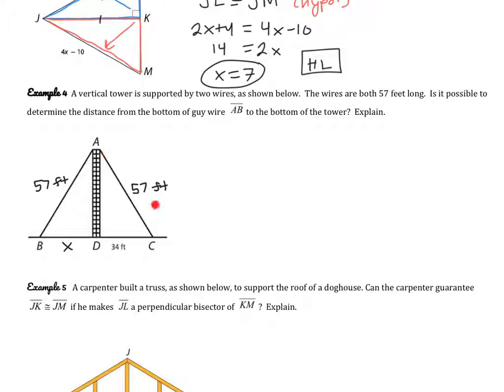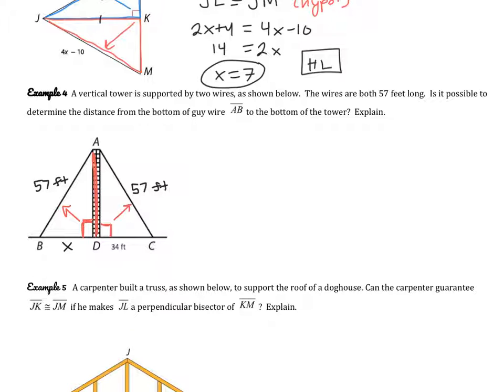Let's look at the bigger picture here. We are assuming that since it's a tower, and hopefully it was built correctly, it makes a 90-degree angle with the ground. So let's see what we know. We know that the hypotenuse of each right triangle is congruent, and since this leg is part of both, it is congruent to itself.